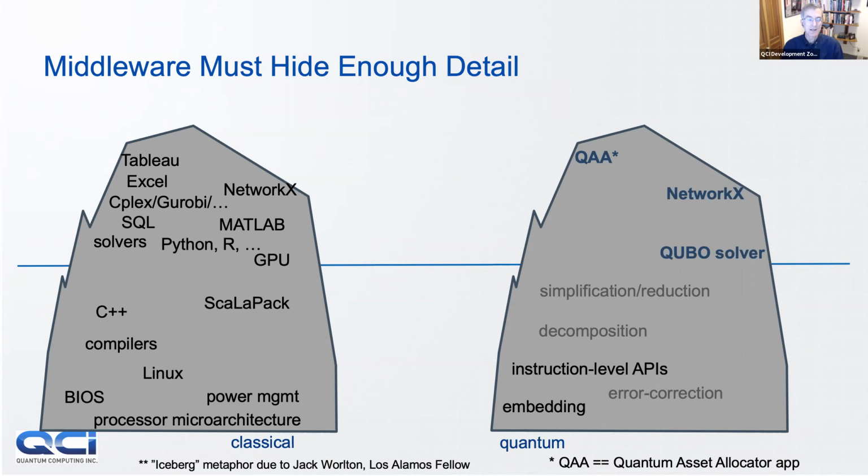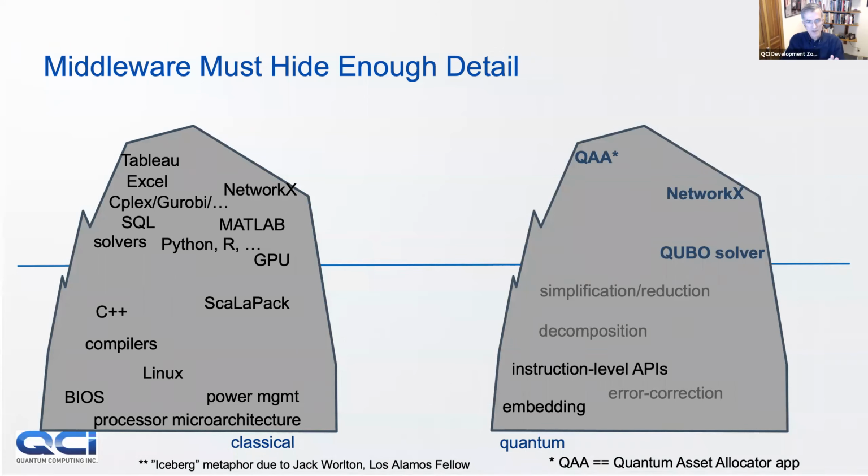Another one that we see a lot of promise for is an end user application. And this is QAA, we call it, Quantum Asset Allocator app. So this is intended for fund managers in the financial world who want to optimize their investments over a significant set of investments, and they have particular constraints.